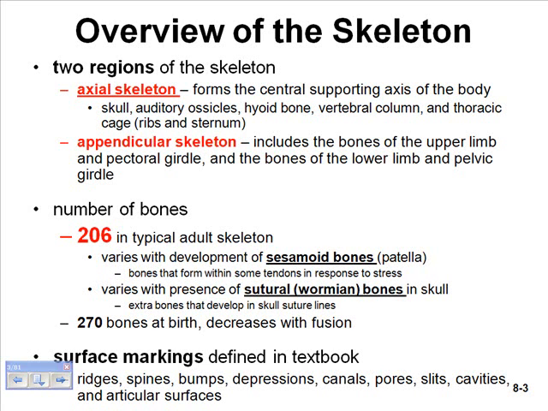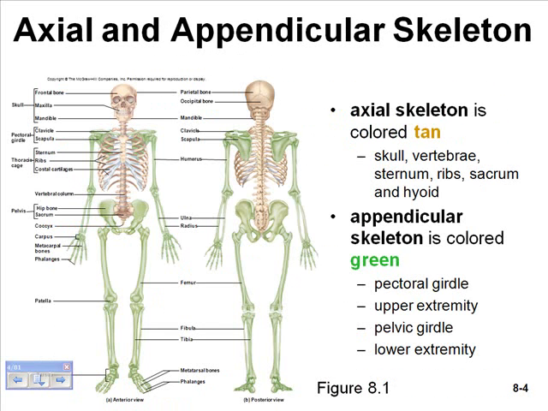So not only are we identifying the major bones, but we're also identifying major surface features in the bone. So again, the axial skeleton is encoded in the figure as tan, showing the midline of the body. Everything outside of the axial skeleton is considered to be appendicular. So they show that to you in green.